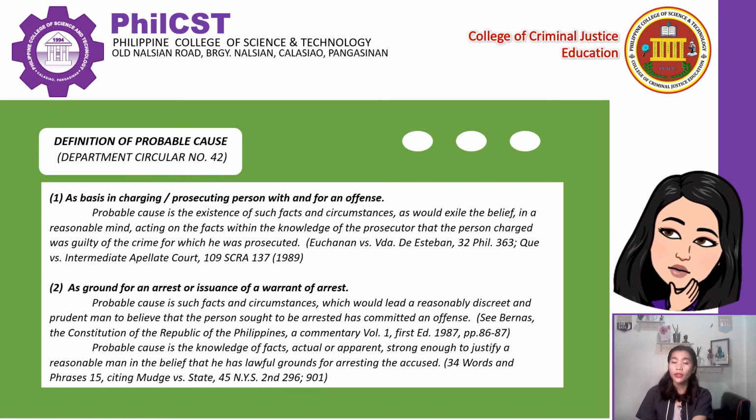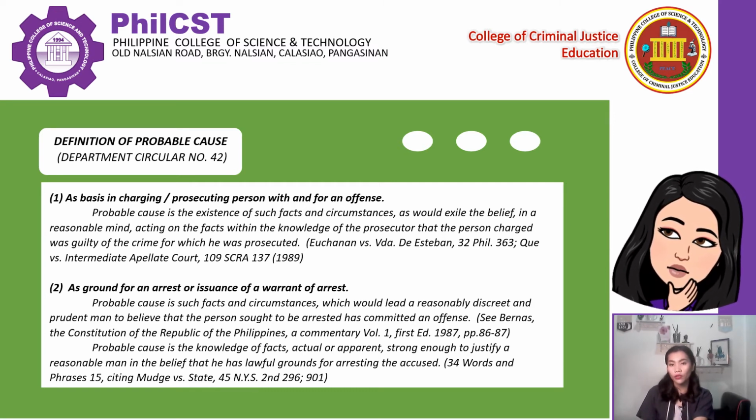As basis in charging or prosecuting a person with an offense, probable cause is the existence of such facts and circumstances as would excite the belief in a reasonable mind, acting on the facts within the knowledge of the prosecutor, that the person charged was guilty of the crime for which he was prosecuted. Also, probable cause is a ground for an arrest or issuance of a warrant of arrest.